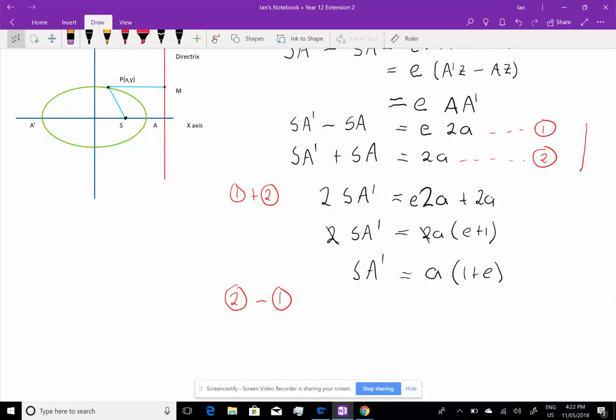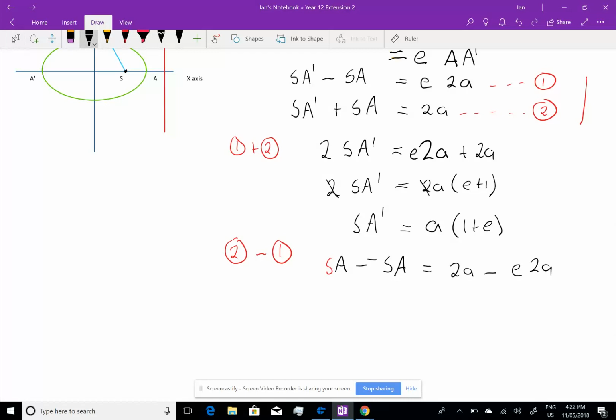So I'll get SA dash minus SA dash, that'll go, and I'll get SA minus minus SA equals 2A minus E 2A.